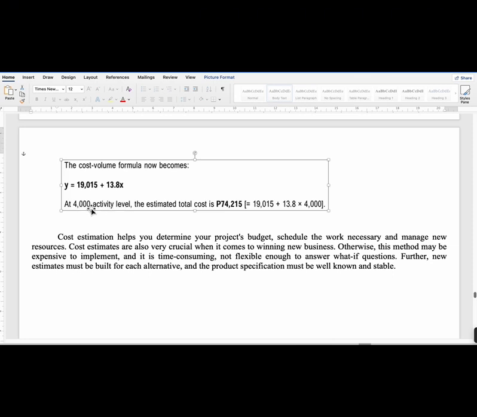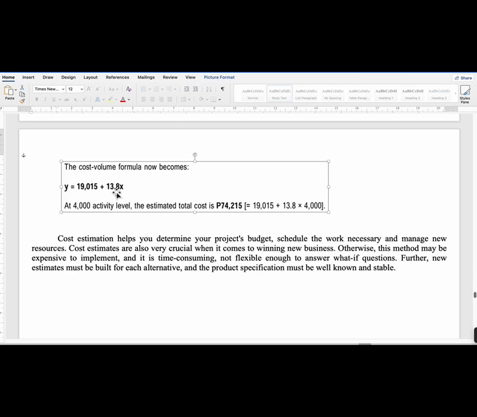So, at an activity level of 4,000, the estimated total cost would be 74,215, because it is the variable cost multiplied by the activity level plus the fixed cost. First multiply 13.8 by 4,000, then add 19,015. That is our final answer, the y, the cost volume. The total cost is 74,215.